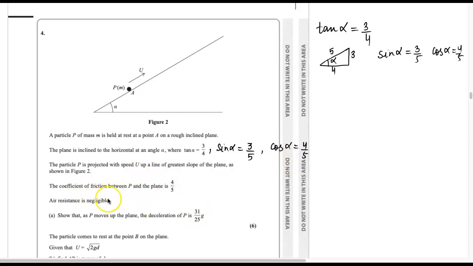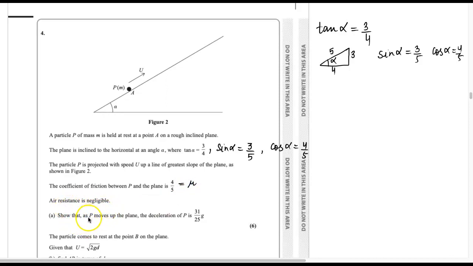That makes sense. Now what we need to find out, the particle P is projected with the speed of u up the line of greatest slope of the plane as shown over here. The coefficient of friction mu is given to us, air resistance is negligible.